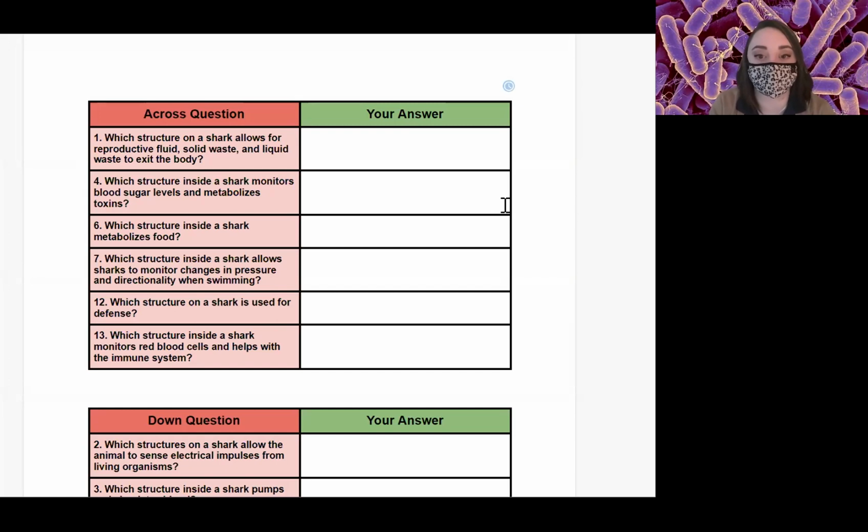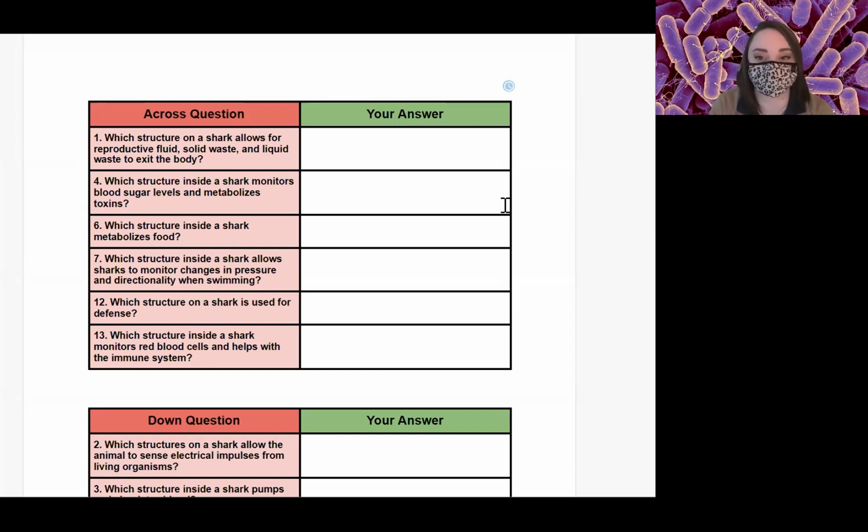Which structure inside a shark metabolizes food? Good, Stanley, the stomach. Seven across. Which structure inside a shark allows sharks to monitor changes in pressure and directionality when swimming? The lateral line. 12 across.